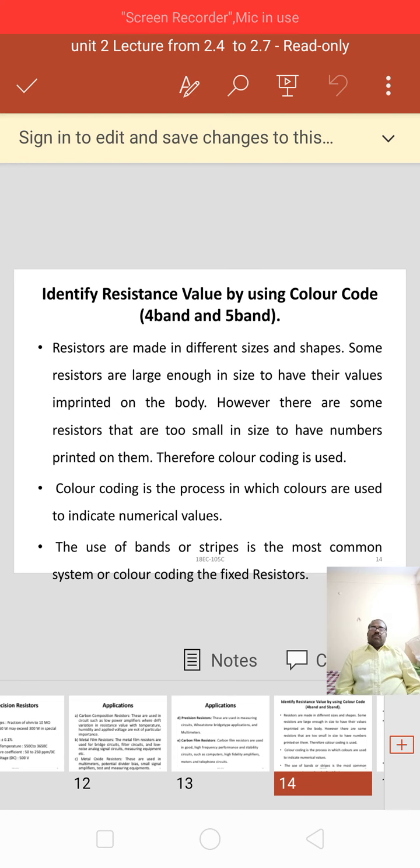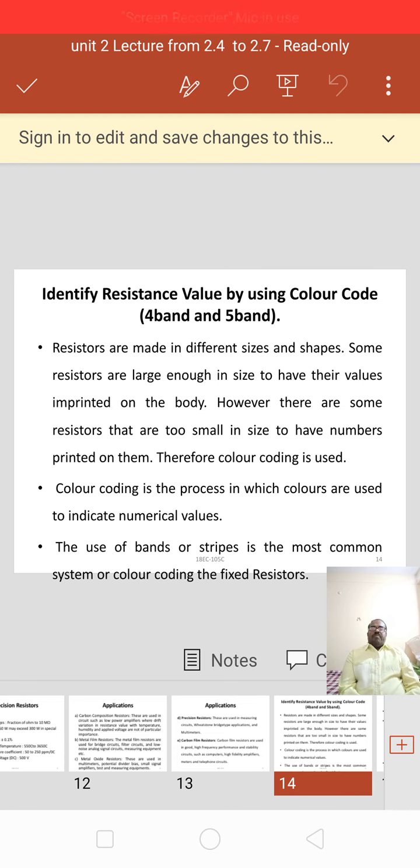For such small resistors, color coding is used to give or predict the resistance value. Color coding is the process in which colors are used to indicate numerical values.